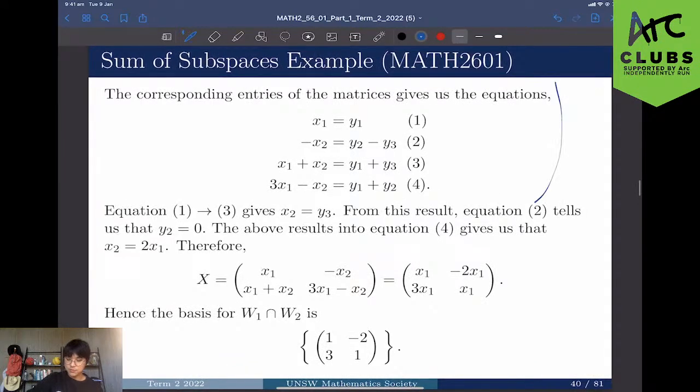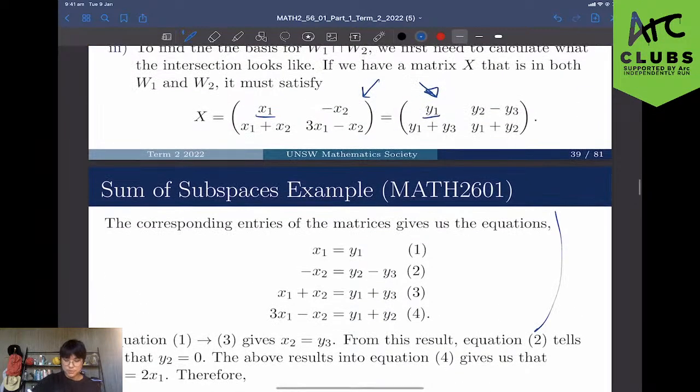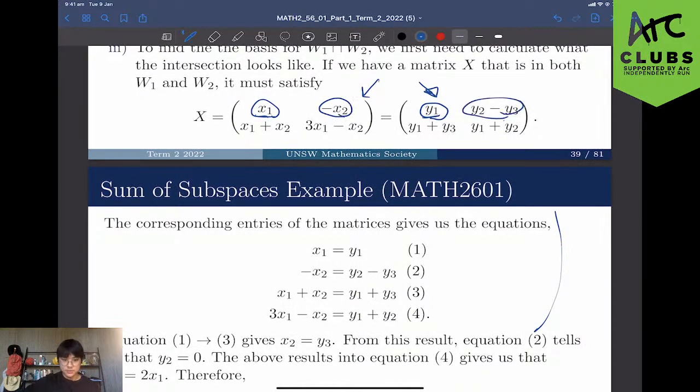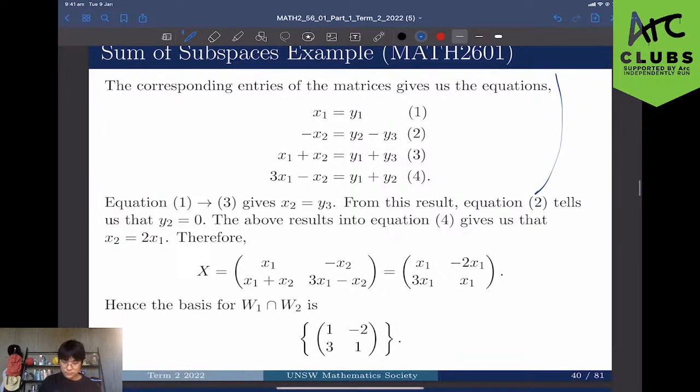So we end up with 4 equations. So for example, x1 is equal to y1, minus x2 is equal to y2 minus y3. And we just do simultaneous equations with these 4 equations, and we get a result that x2 is equal to 2x1.